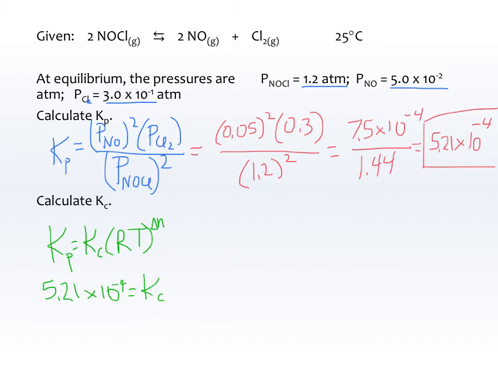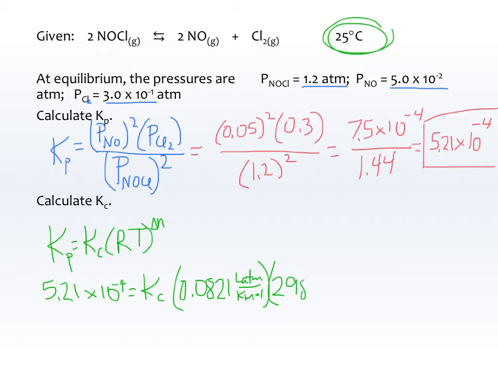That's what we're solving for. R is the gas law constant, 0.0821 liters atmospheres per kelvin mole, times T. It doesn't tell me what my temperature is. Never mind, it does: 25 degrees, so that's 298 K. And then to the power of delta N.